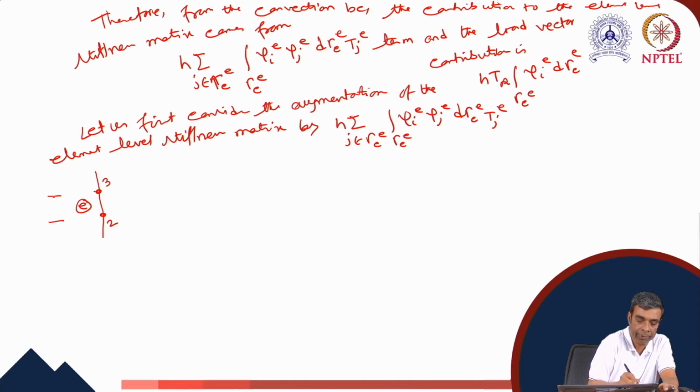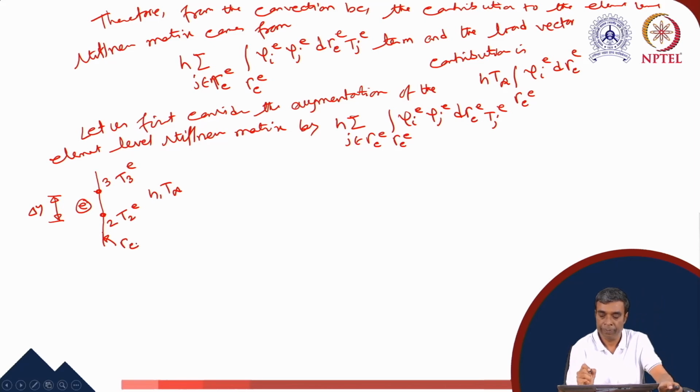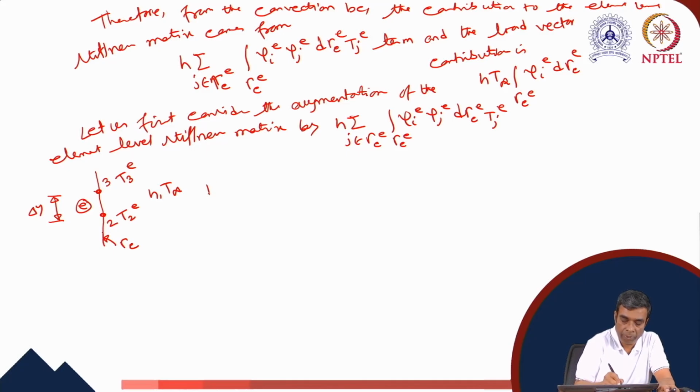This is delta Y. So temperatures at these two nodes are T2E and T3E. For the convective boundary condition, we have h and T infinity, and this is our gamma C. For this case, I is varying from 2 to 3 and J is also varying from 2 to 3.